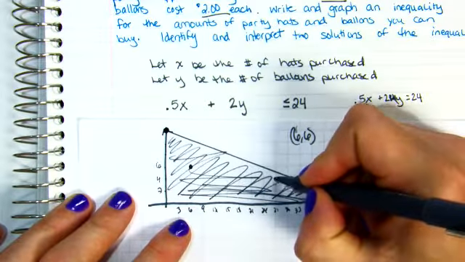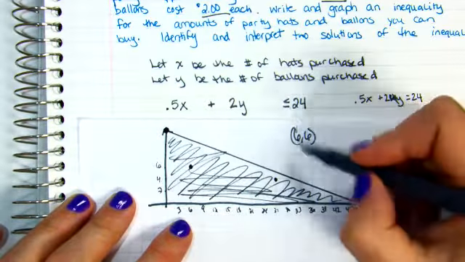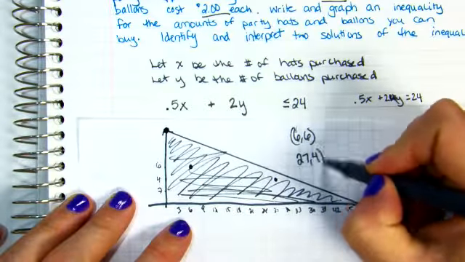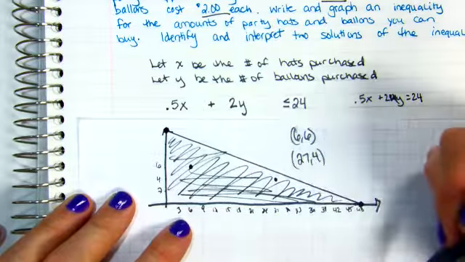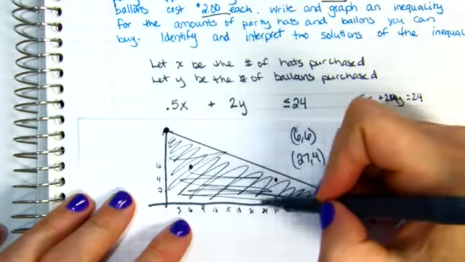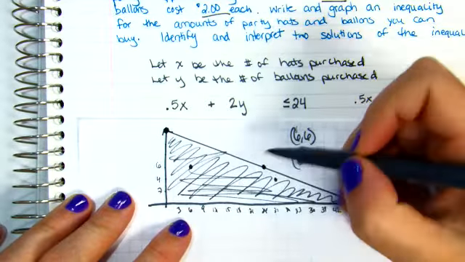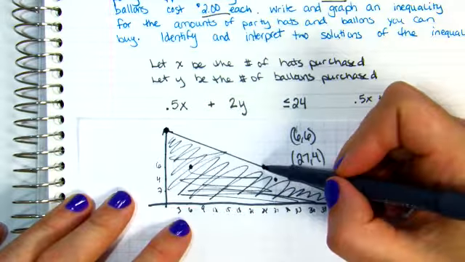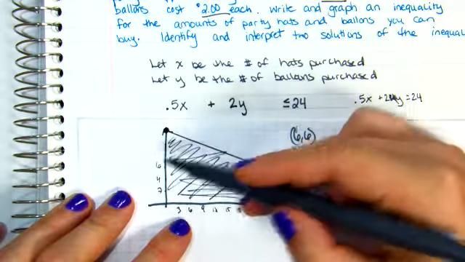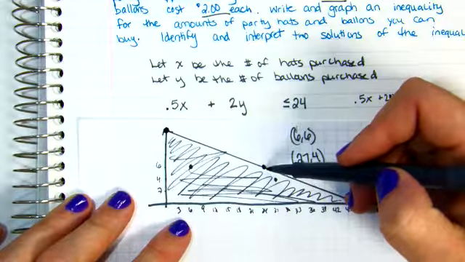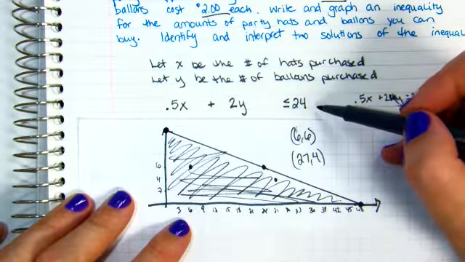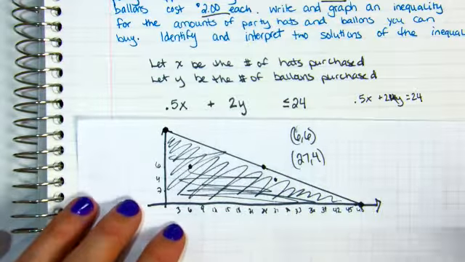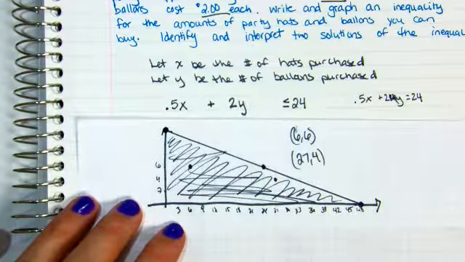Or you could pick this point, (27, 4). That means you bought 27 hats and 4 balloons and spent less than the required amount. Or another one on the line, (24, 6). If you buy 24 hats and 6 balloons, you'll still be within the requirements of spending less than or equal to $24.